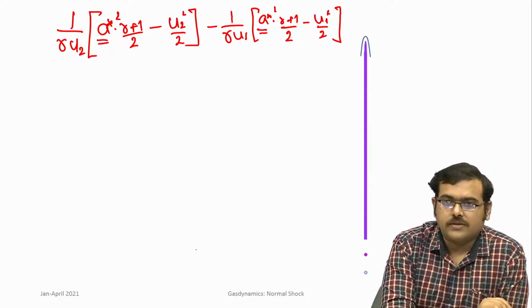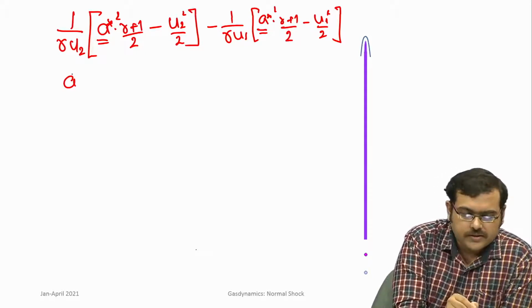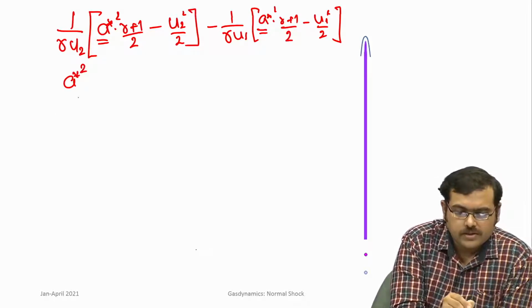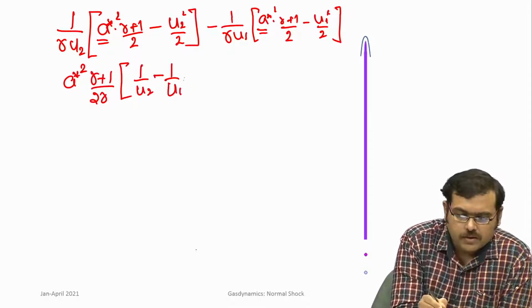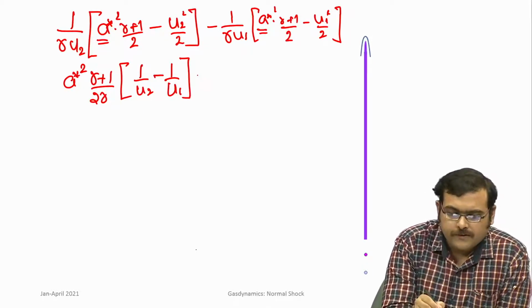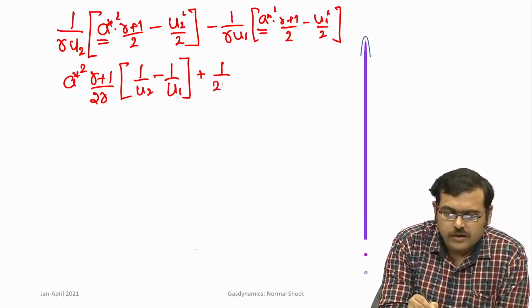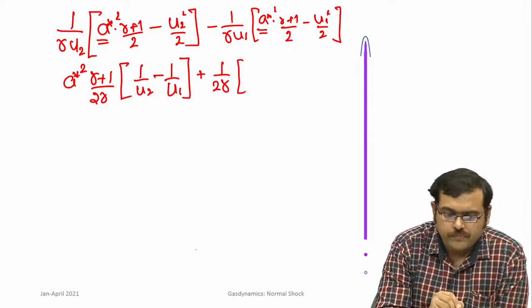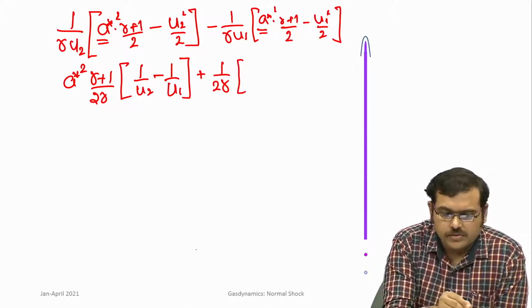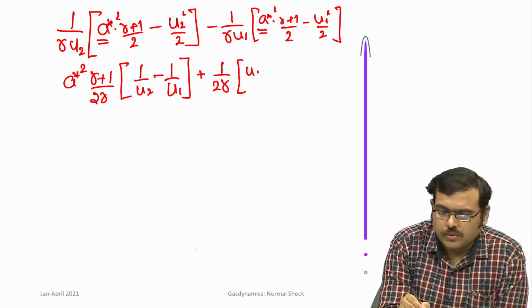So we have now written it in terms of a star, and taking the common terms, gamma plus 1 by 2 gamma, we can get this 1 by u2 minus 1 by u1, plus 1 by 2 gamma and terms relating to u2, u1 minus u2.